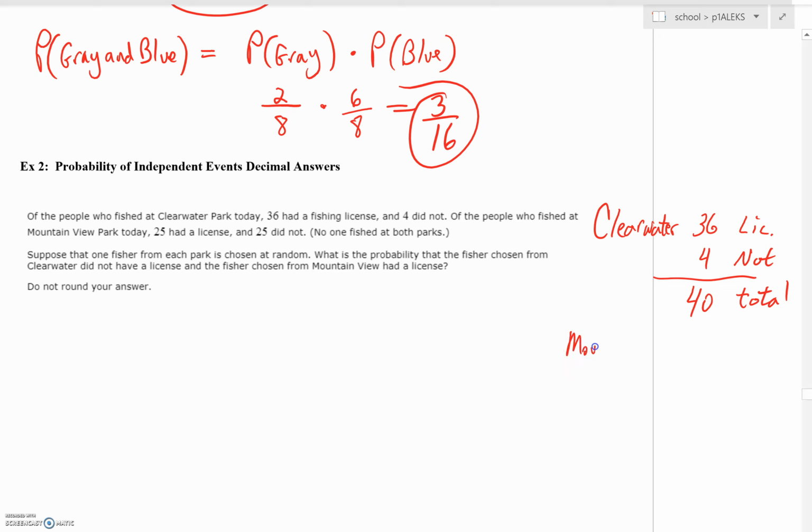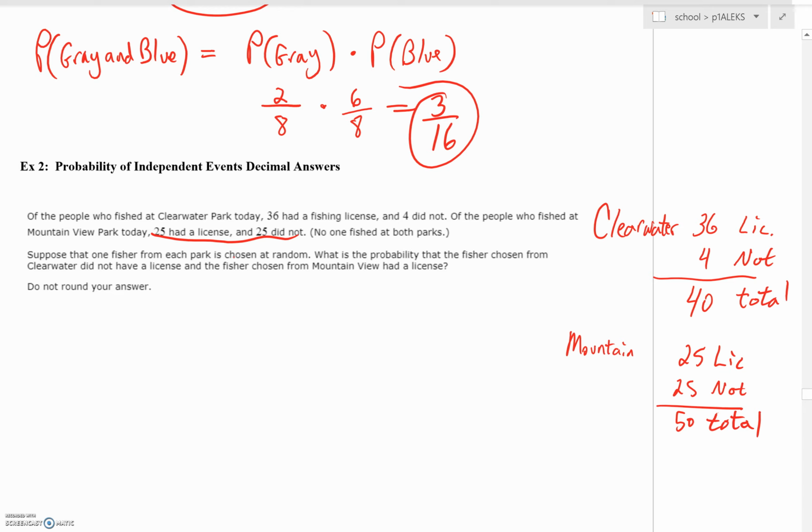When we look at the Mountain View, 25 had a license, 25 did not, we're being told here. That means we'd have 50 total. So suppose that one fisher from each park is chosen at random.